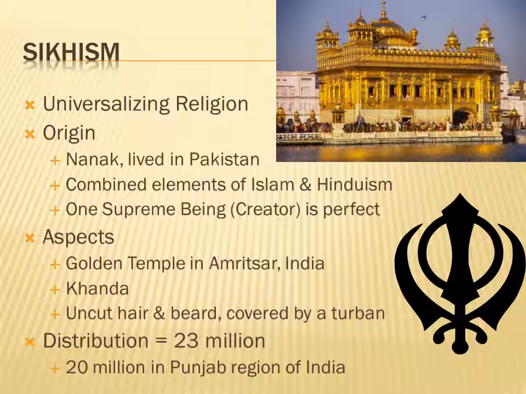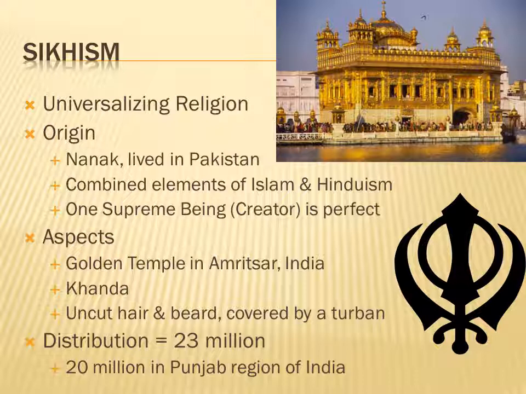Men will not cut their hair or beards, so you'll see long beards. You'll see men who cover their hair with turbans, and that is a culture trait typically associated with Sikhism. So that's something that you may see as something fairly identifiable and important for Sikhs worldwide.